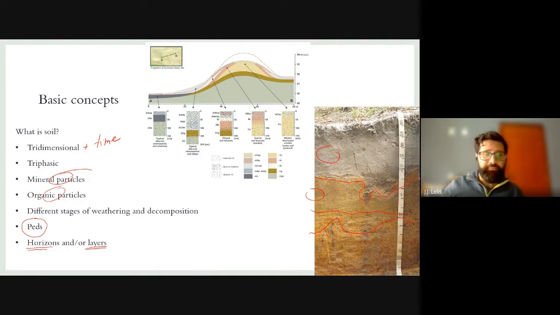Okay? This is a very broad definition of soil, but it helps us a lot to understand what soil is, because in some places we don't find life. So soil can't be defined by saying it should support life.